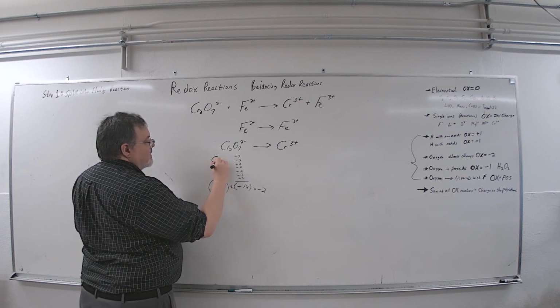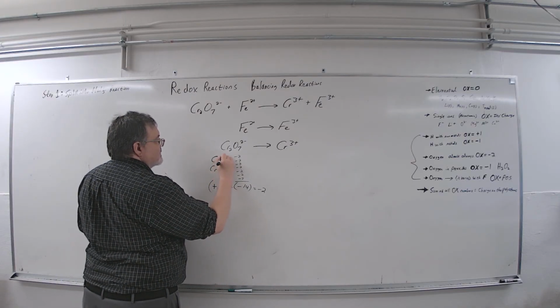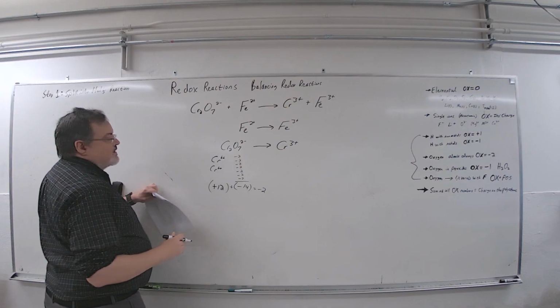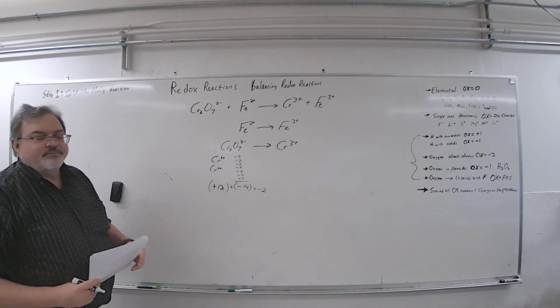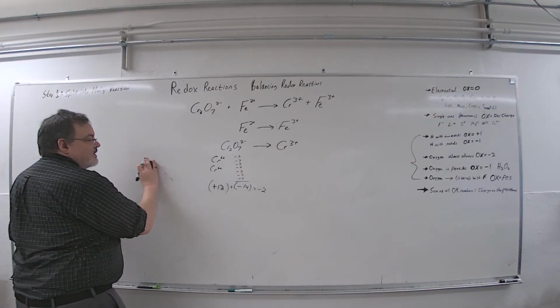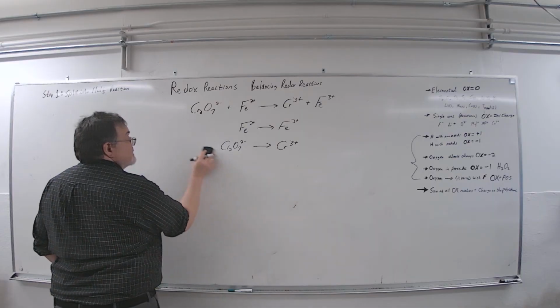And then there's 2 Cr's, so you split the plus 12, so that's 6 plus. So that Cr starts out as 6 plus and ends up as 3 plus. I just had to check that, make sure we're not going awry. So there's the 2 half reactions.